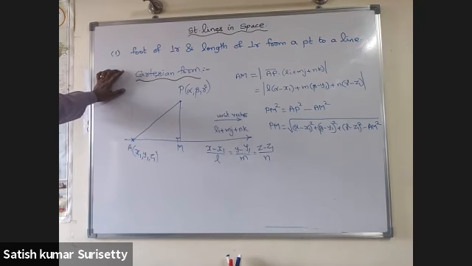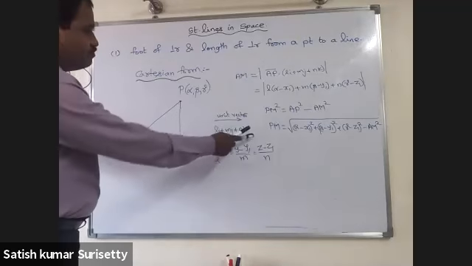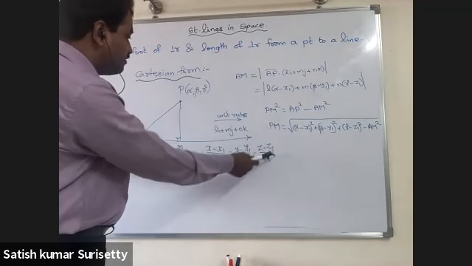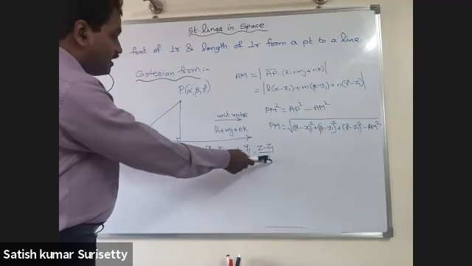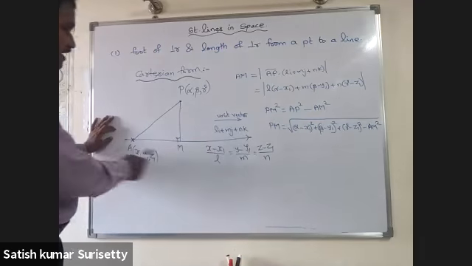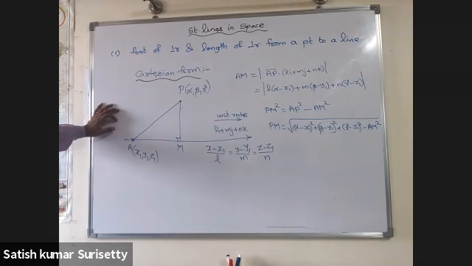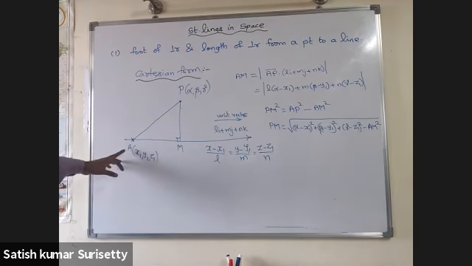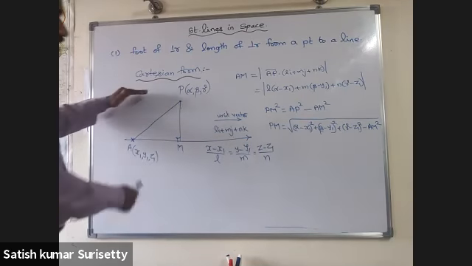Another method for calculating the length of the perpendicular is in Cartesian form. Now, let the given line be taken as (x minus x1) upon L, (y minus y1) upon M, (z minus z1) upon N, where L, M, N are the direction cosines of the line. Now, if M is the foot of the perpendicular, then take a specific point on the line as A (x1, y1, z1). Then AM is the projection of AP along the given line.